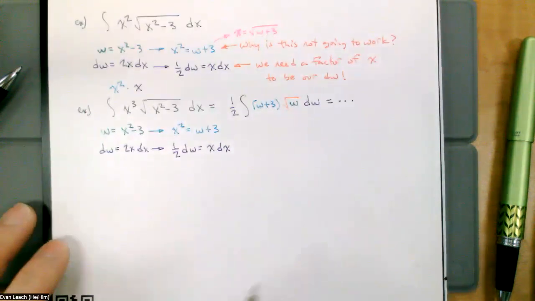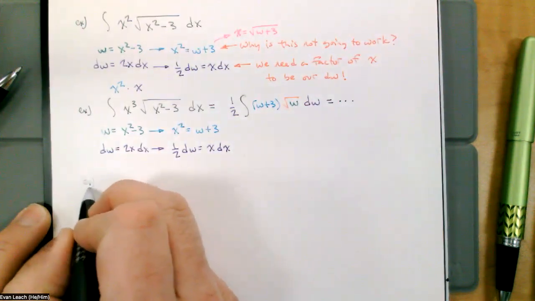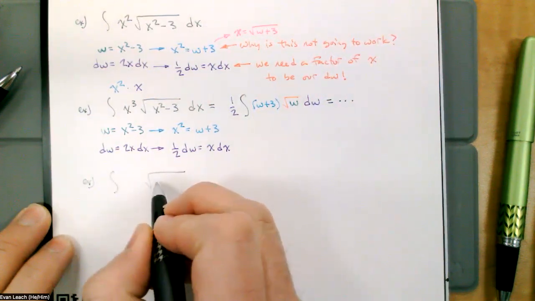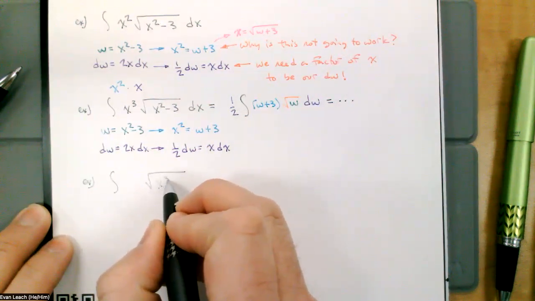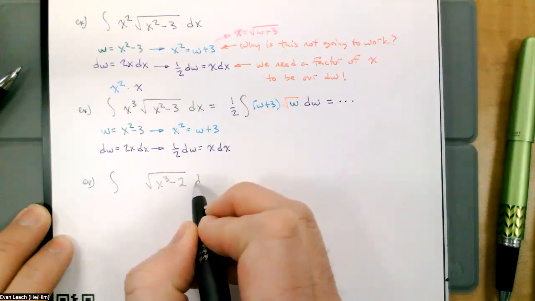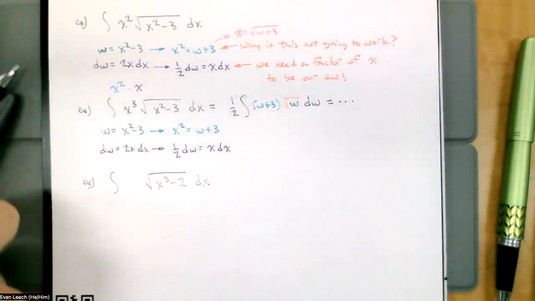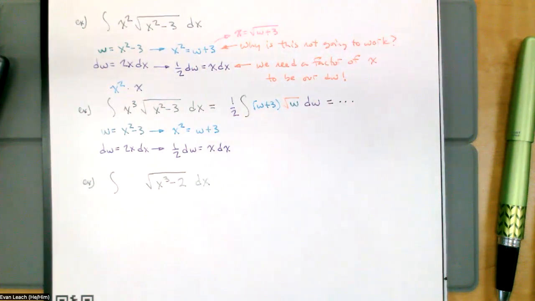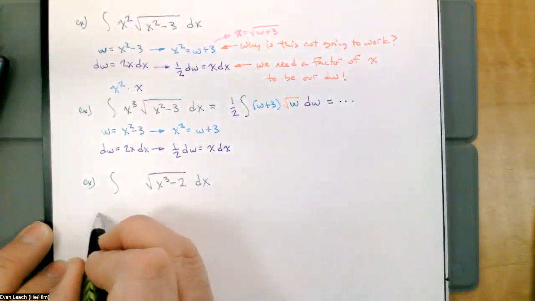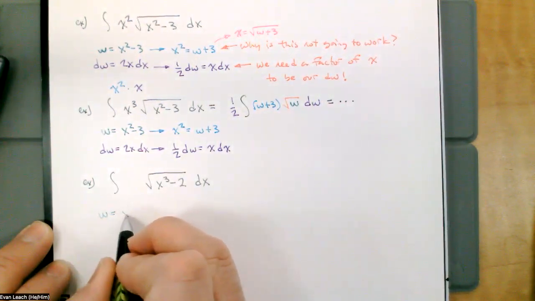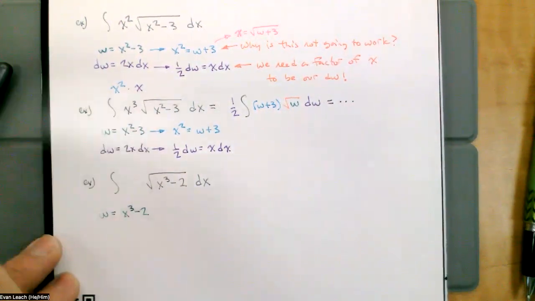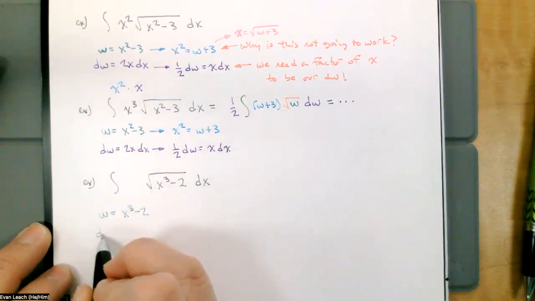because my next example: let's suppose that inside I have a square root of x cubed minus 2. I'm just going to trade those. What do I need to be the dw? Because the obvious substitution that we'll want to make here, to make this substitution work, I'm going to need a dw.